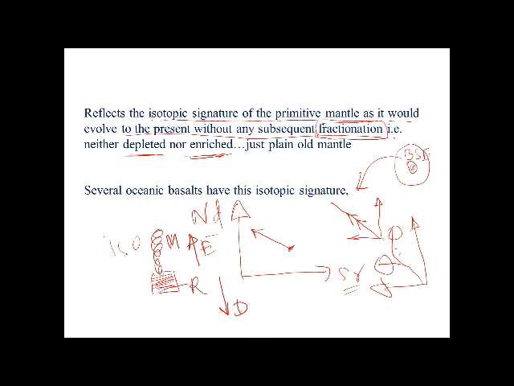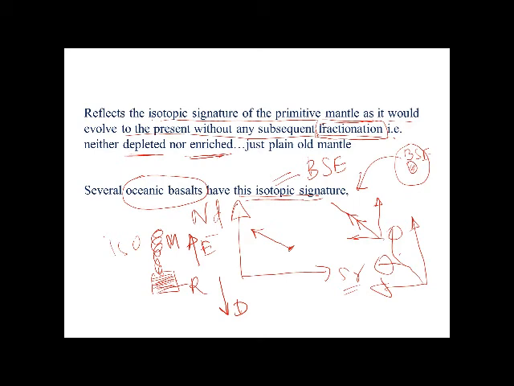It changes its evolution direction. But as I mentioned, some samples from oceanic basalts have this isotopic signature, which means equal to the bulk silicate earth. As we know, the bulk silicate earth should be no longer, because now the earth has differentiated.